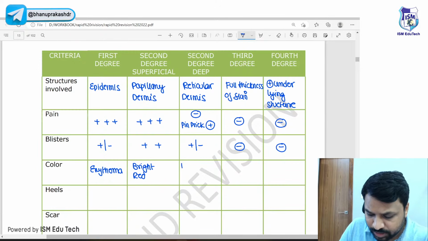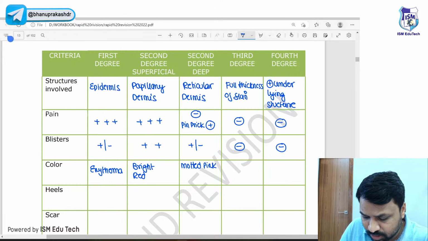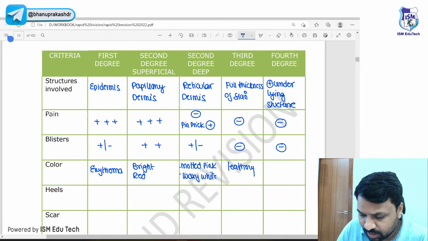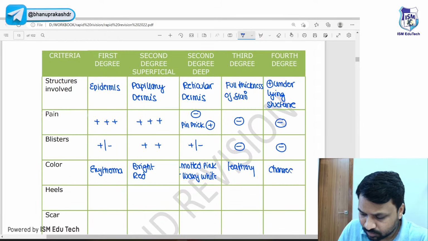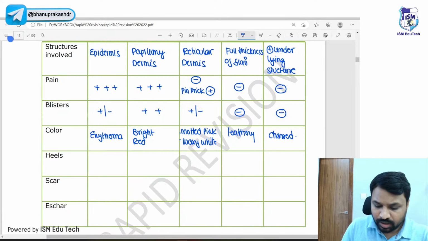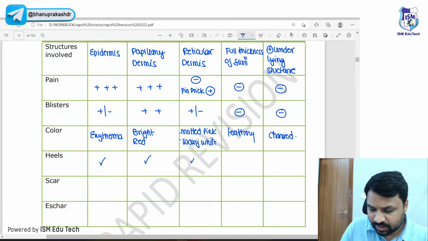Second degree deep, it is going to be mottled pink, that is pink with white dots, or waxy white. Here it is leathery in appearance, and here, like a charcoal, it is charred.